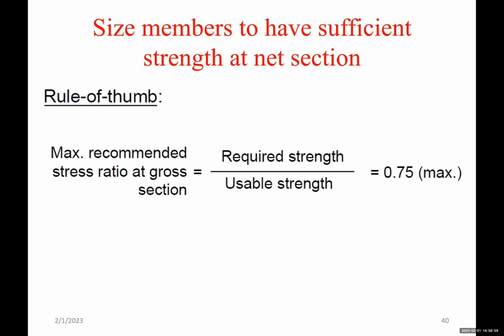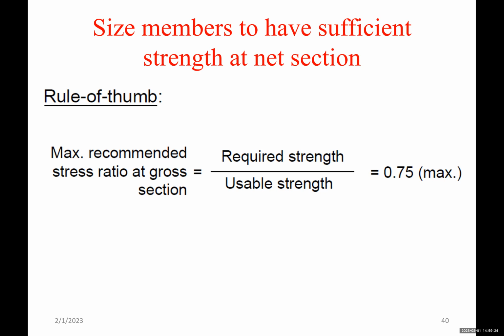Instead of changing the member size later, or doing some other type of reinforcement with complex connections, adding plates and stiffeners to compensate, size it originally from the beginning to account for the net section. There's a rule of thumb here.